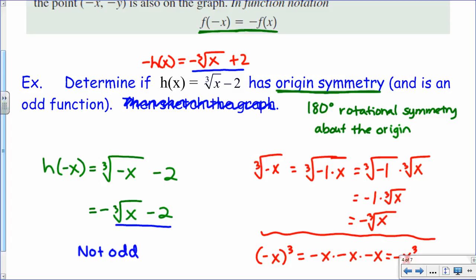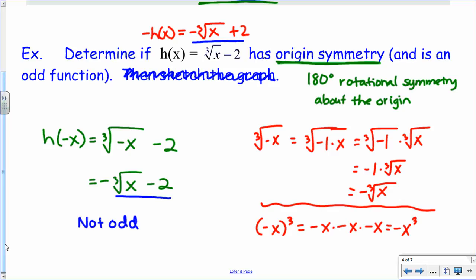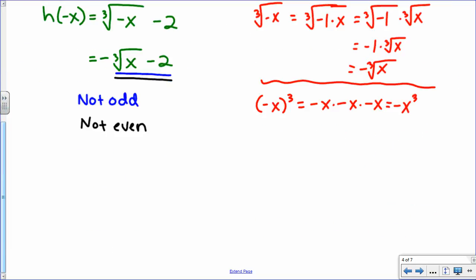Okay, if it's not odd, is it even? Is this the same as this? No. So it's also not even. So if it asks us to say, is it even or odd or neither, in this case, this function is neither.